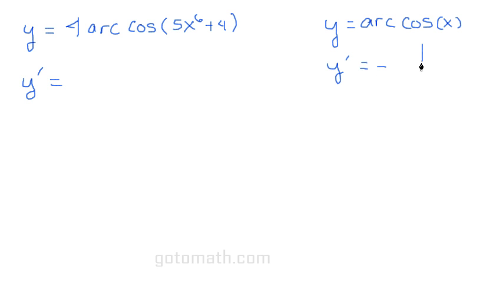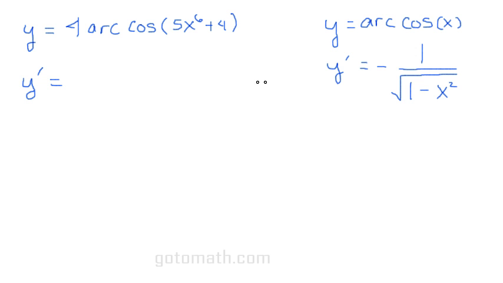So this is going to be negative 1 over the square root of 1 minus x squared. We just did one. It was arc sine. It was the same thing except we didn't have the negative out front. So that's how you're going to remember this: arc cosine is the same as arc sine except we throw a negative out front.